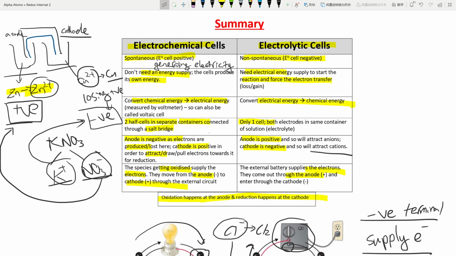So if we ask you to compare the electrochemical cell and the electrolytic cell, and give some differences between these, you can't just give us generic comments. You actually have to look at the balanced half equations. You actually have to look at the volt calculation.